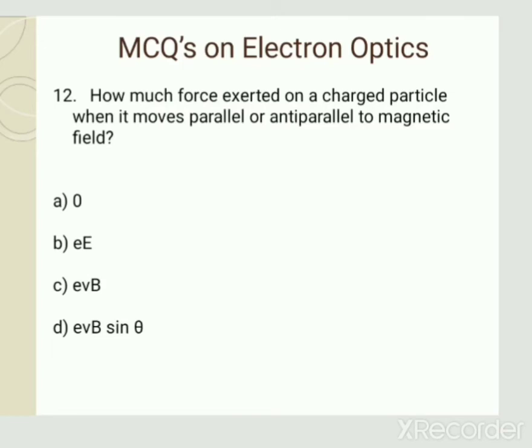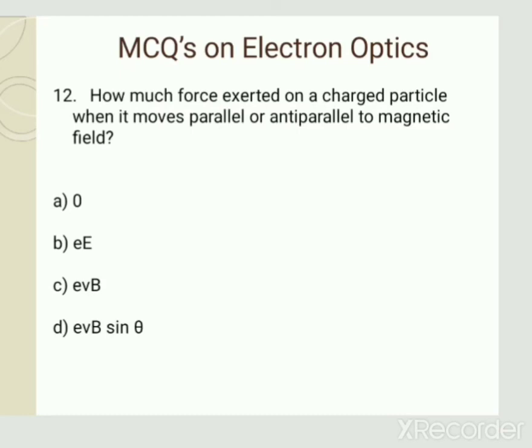Next question is, how much force is exerted on a charged particle when it moves parallel or anti-parallel to the magnetic field? We know that when the electron enters a parallel or anti-parallel magnetic field, then the magnetic force acting on that electron or charged particle is given by evB sin theta.